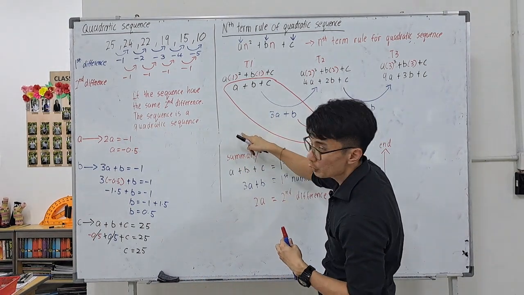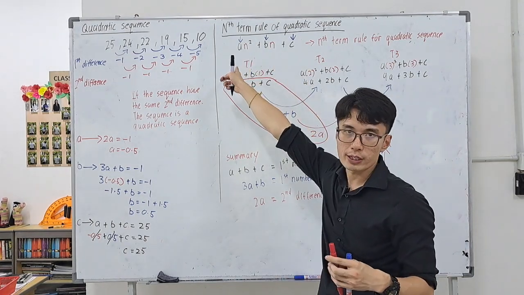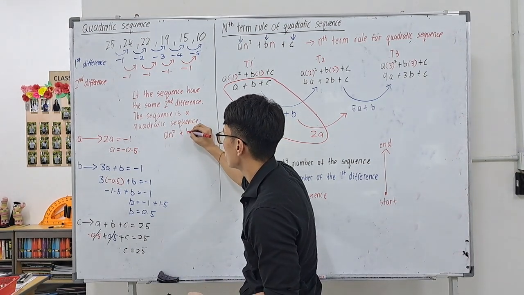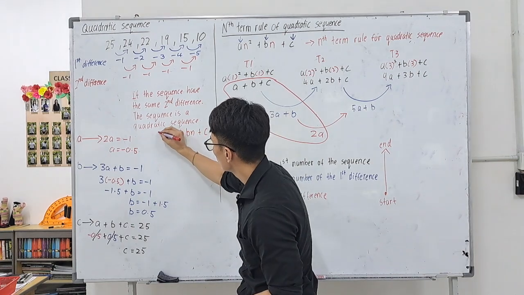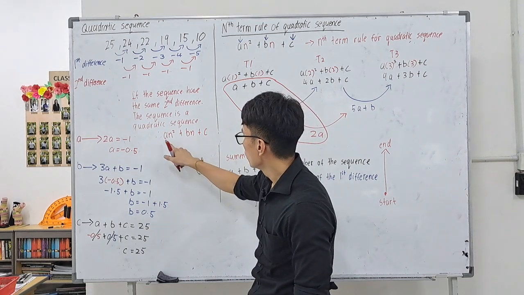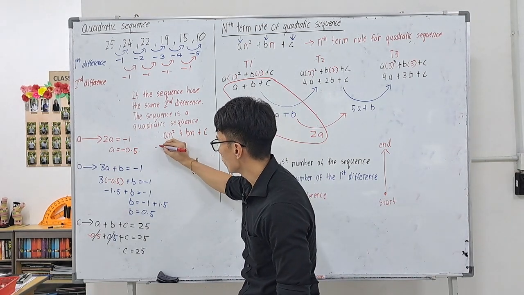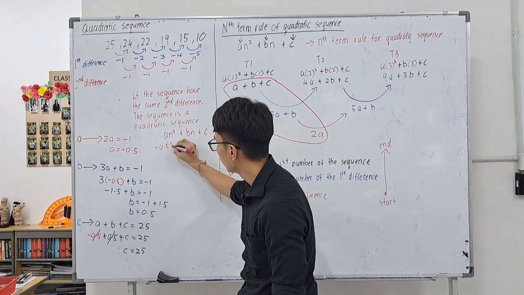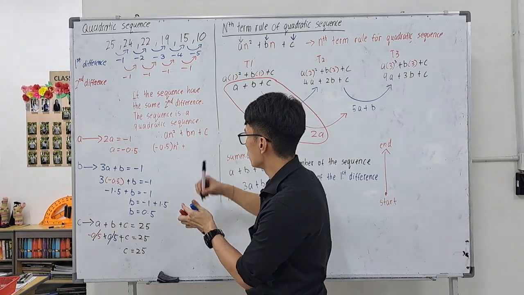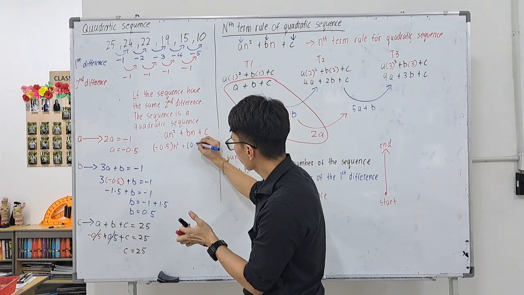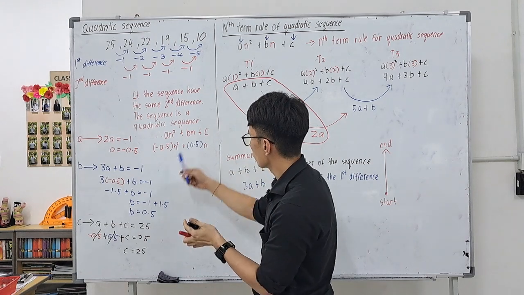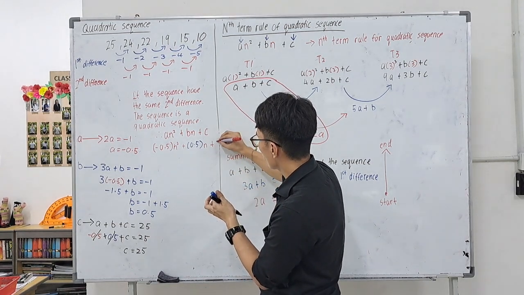So finally, we can substitute back into our quadratic expression over here. In the end, I have an squared plus bn plus c. All I have to do is put in all my values of a, b, and c now. My a is -0.5 n squared, plus my b, which is 0.5, and then plus c, which is 25.